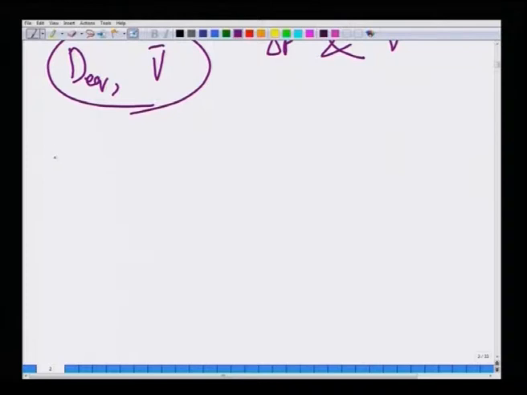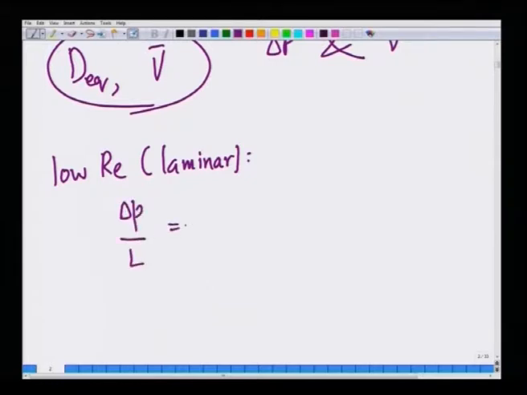Let us assume that the flow is at low Re, so the flow is laminar. We can assume that delta P by L will be given by the Hagen-Poiseuille relation for laminar flow in a tube.